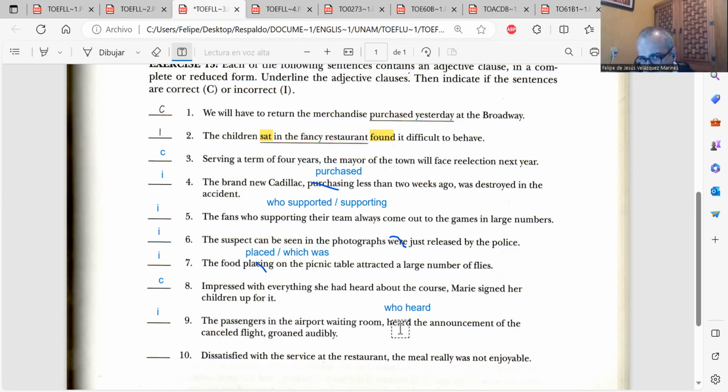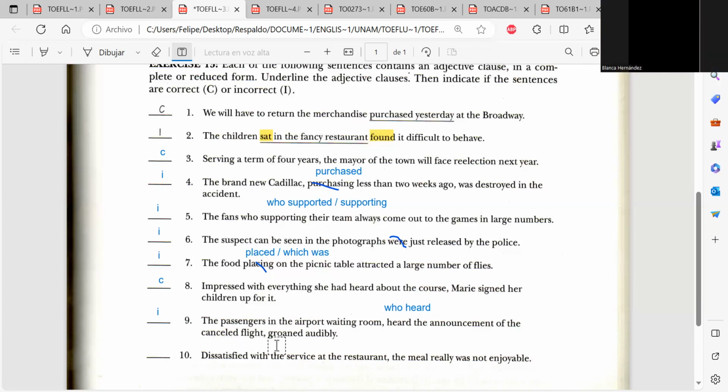If it is past participle, it's not a verb because you don't have an auxiliary. So it's past simple because they heard. Canceled is not a verb. It is a past participle: el vuelo cancelado, had oído. But groaned, they did the action.